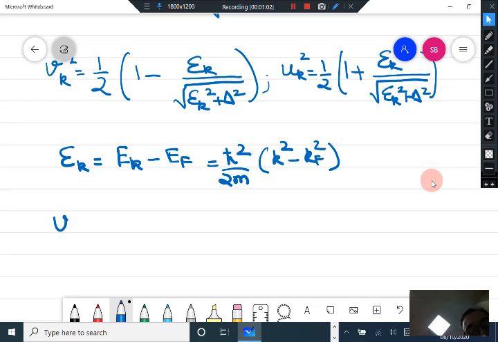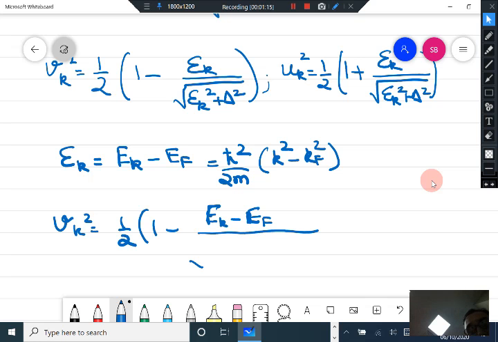So if I look at Vk square, then this is equal to half of 1 minus (Ek minus Ef) divided by square root of (Ek minus Ef) the whole square plus delta square.